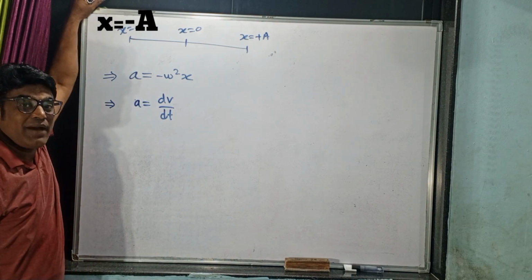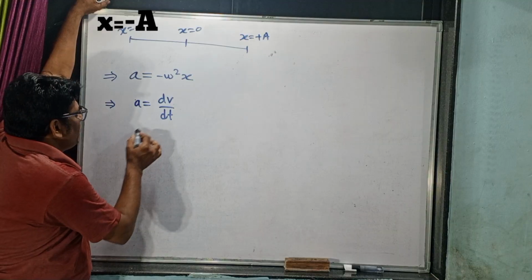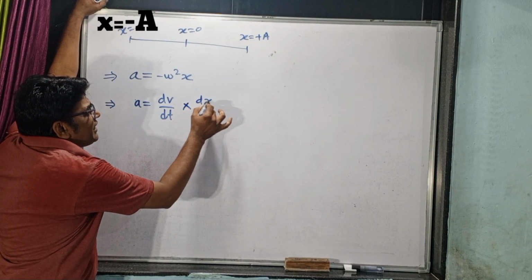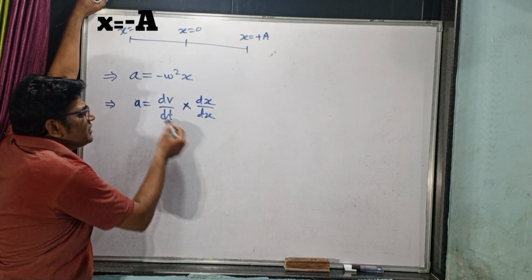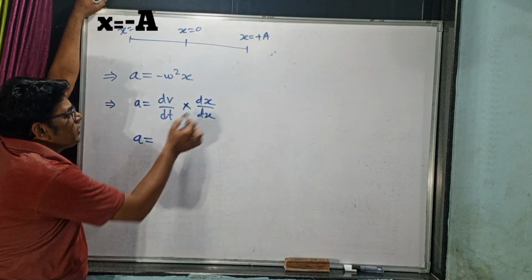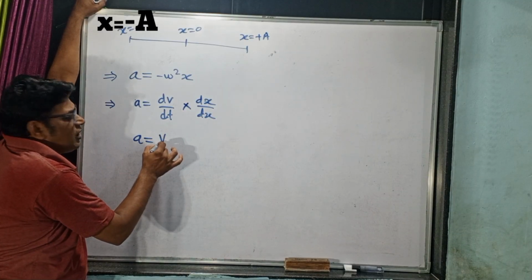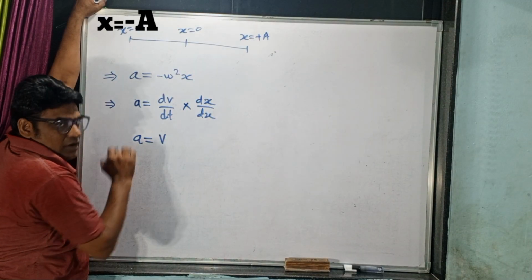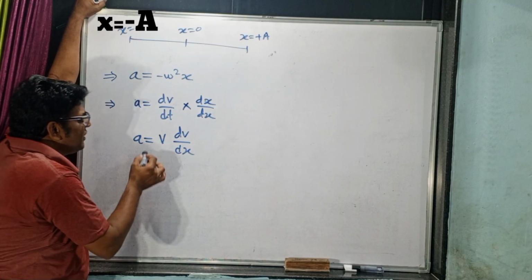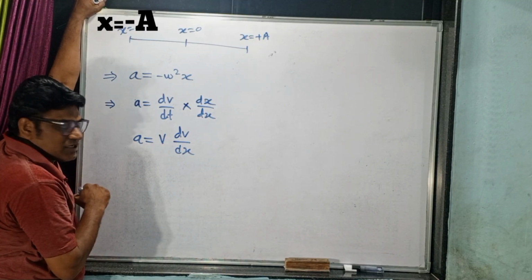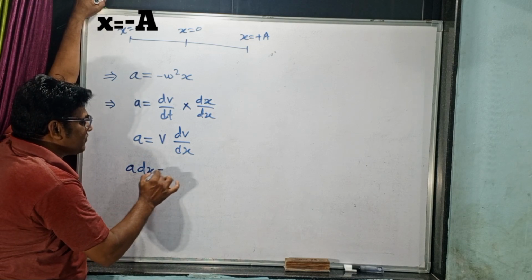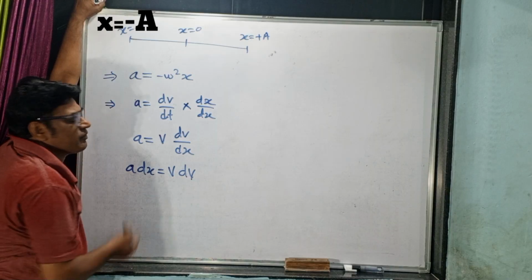This acceleration can be written as, if I multiply and divide by dx, there is no effect. dx by dt is the velocity, and dv by dx I can write here. So this is the expression for acceleration. Let us take this dx on this side: a into dx is equal to v into dv.